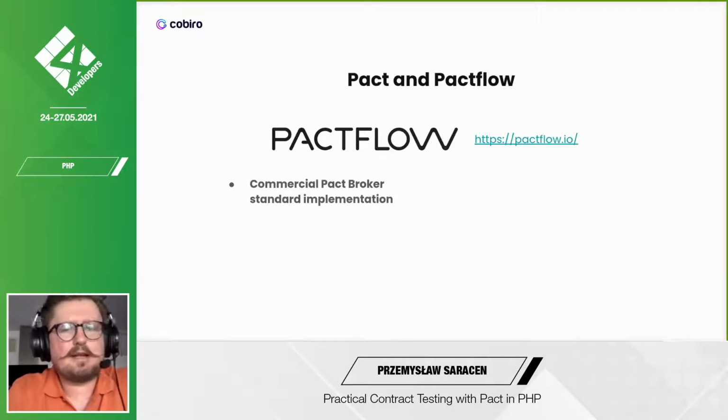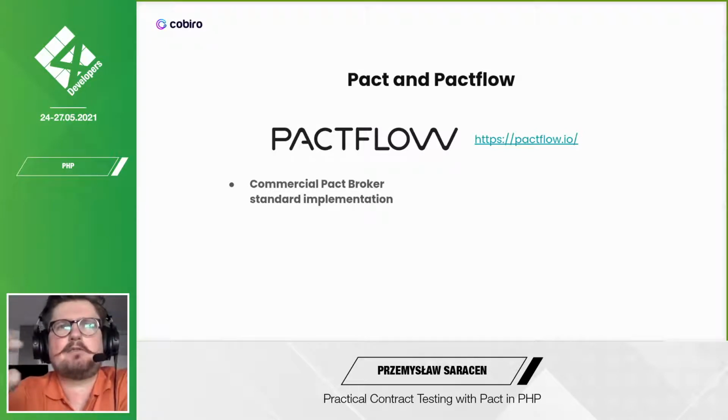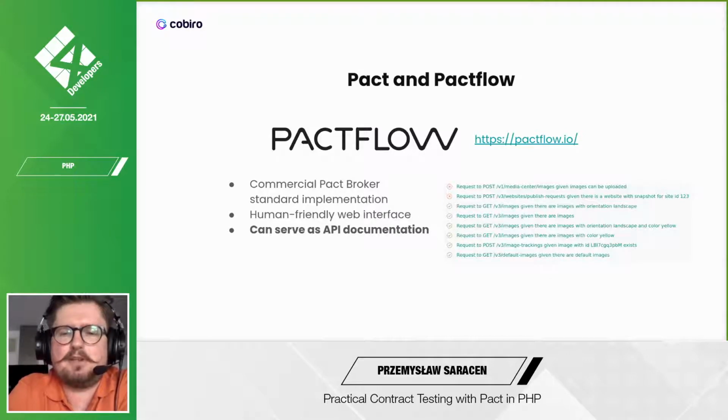And I would also like to talk a couple of minutes about Pactflow. Pactflow is a separate tool. It is a commercial Pact broker implementation, because Pact broker, as I said before, is a standard. Pact Foundation produced Pact as a set of open source tools, but Pactflow is their commercial tool, which we can use if we want to, but it's a nice to have feature. It has a web interface where we can browse our API documentation.